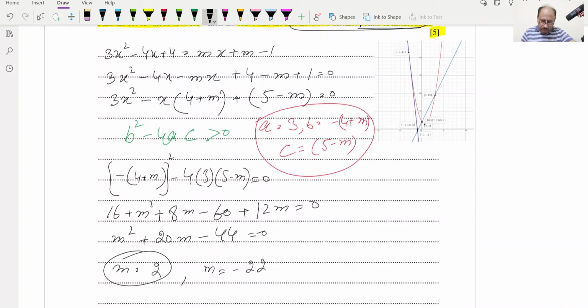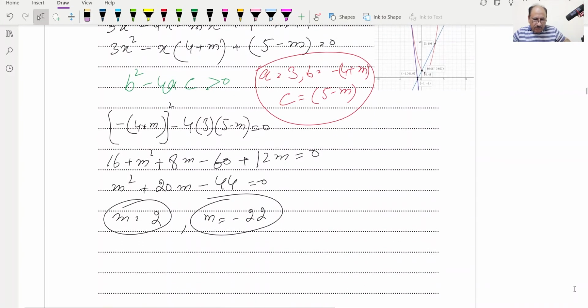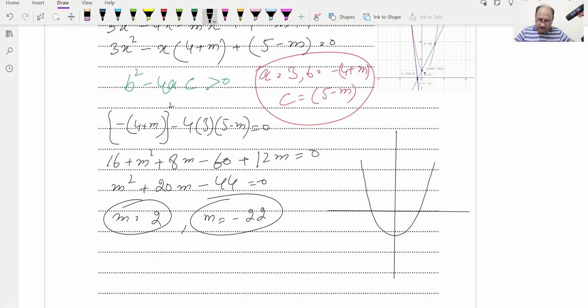These are the two values, and now we check from the graph. The quadratic m² has positive coefficient 1, so it opens upward, and we can draw a quadratic curve roughly like this, with −22 on this side and 2 on this side.